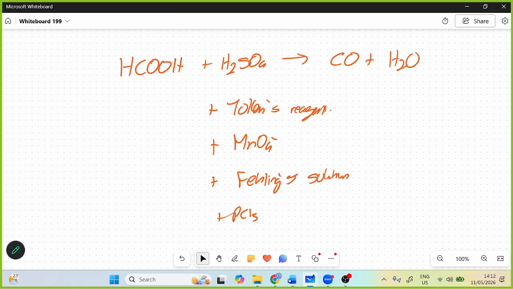It will actually react to dehydrate. This will oxidize it. It's the only carboxylic acid that can be oxidized.